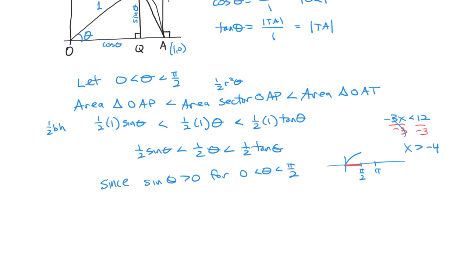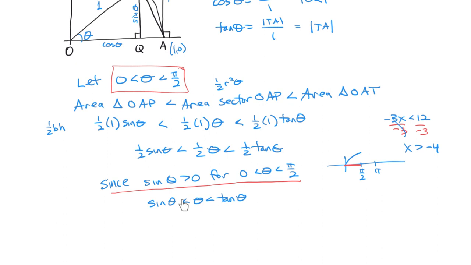Okay, now what I'm going to do, since this is true, since sine of theta is greater than 0 for these values that we are interested in, I could divide this compound inequality by sine of theta, and I wouldn't have to worry about reversing the direction of the signs. These signs would stay exactly the same, right?